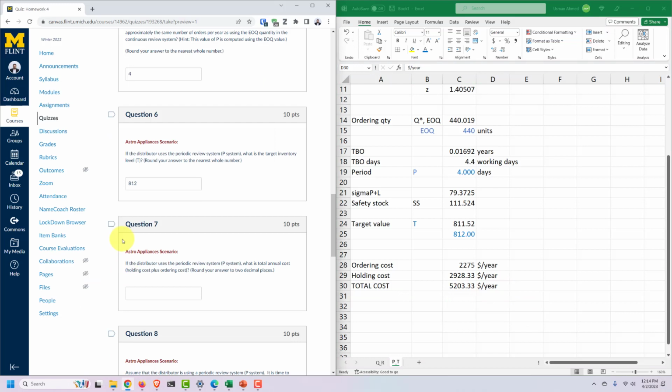And then we can just check the rounding instruction. Round to 2 decimal places already is, and so we get 5203.33.